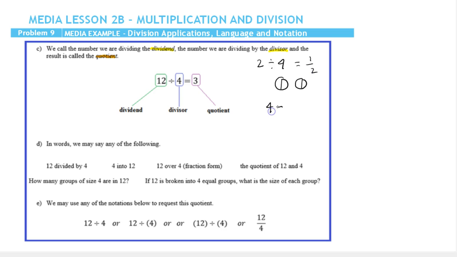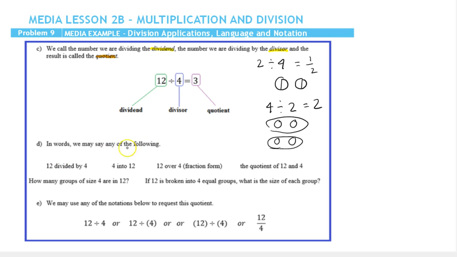That wouldn't be nearly as good as if you had 4 pizzas and shared it with 2 people. You each would get 2 pizzas. So notice switching these numbers makes a difference. The dividend and divisor cannot be interchanged. So the first one is the dividend, the second one is the divisor, and we call the answer the quotient.